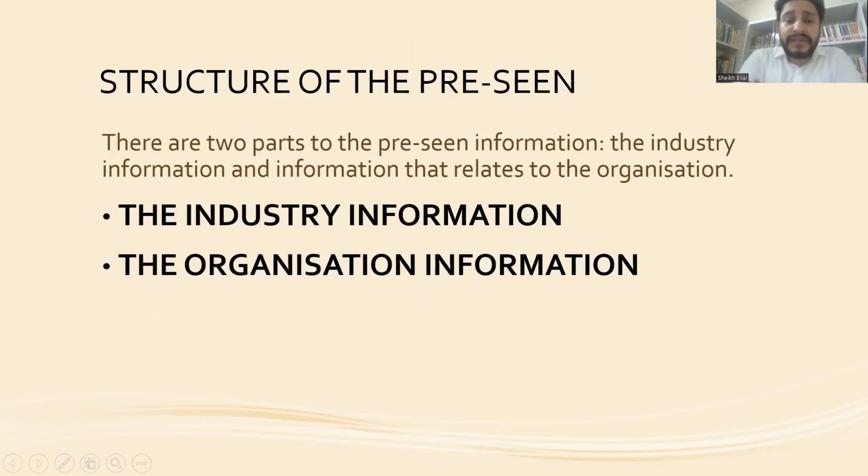The structure of the pre-seen material: there are two parts of the pre-seen material, the industry information, and the information that relates to the organization. So you'll be getting the industry information, you'll be getting the organization information as well. These two parts are given to you 15 days before your examination.